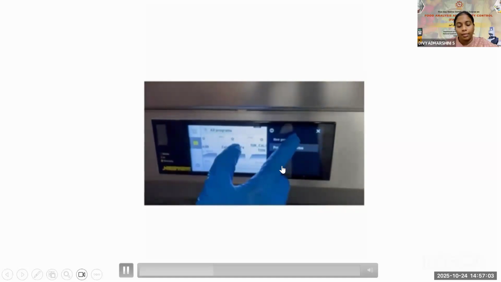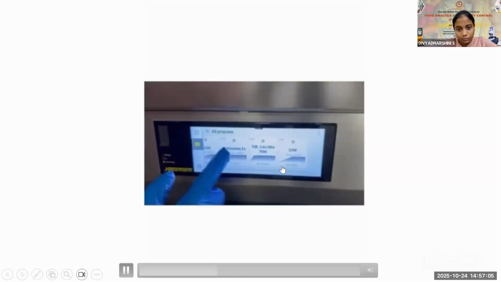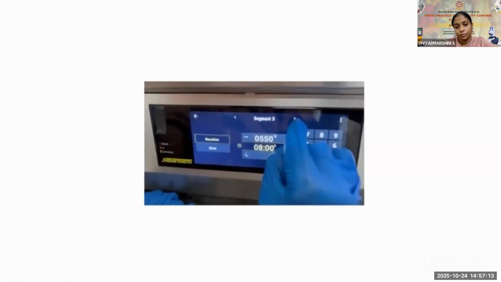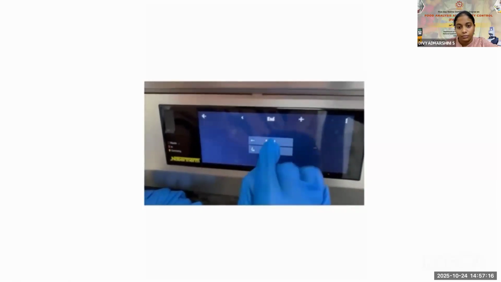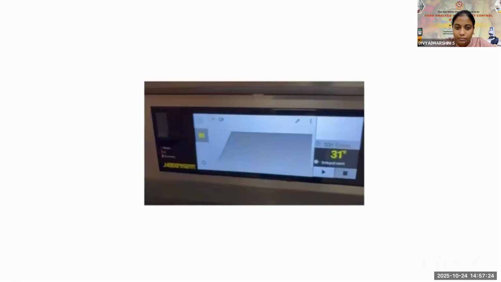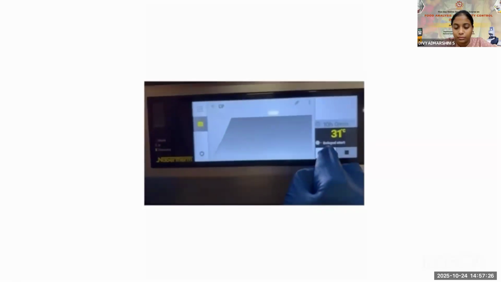With the new program, it is done in 2 steps. First, I'm using 250°C for 2 hours, and then it will be maintained at 550°C for 8 hours, and pressing the enter button to save the program. Once done, we check the program setting, and after that we press start.